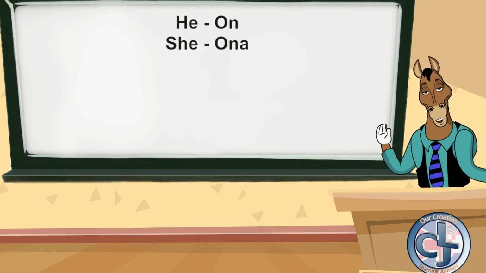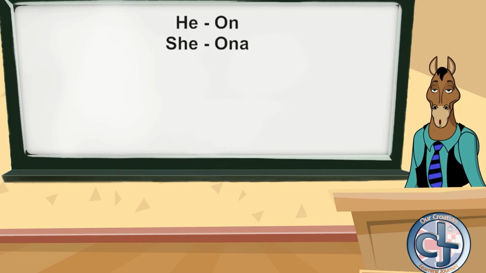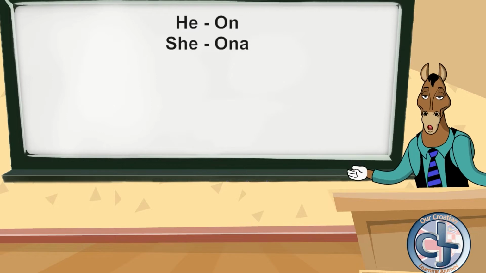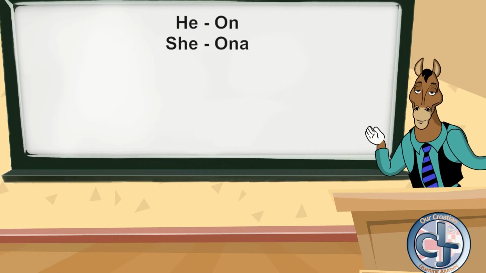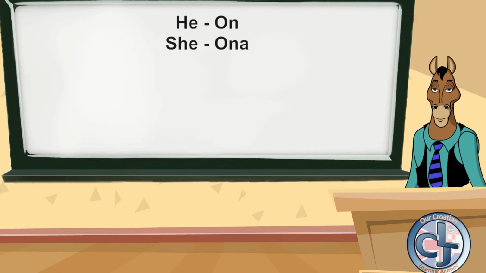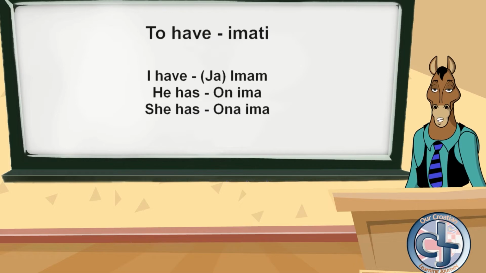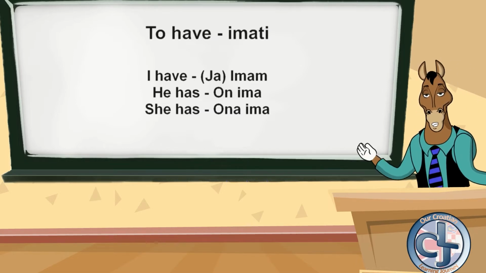He and she are third-person pronouns, which we saw before. If the subject is obvious, they are often omitted, but for this exercise we will include them for he and she. He is on, she is ona. I have, she has, and he has are variations of the verb imati.